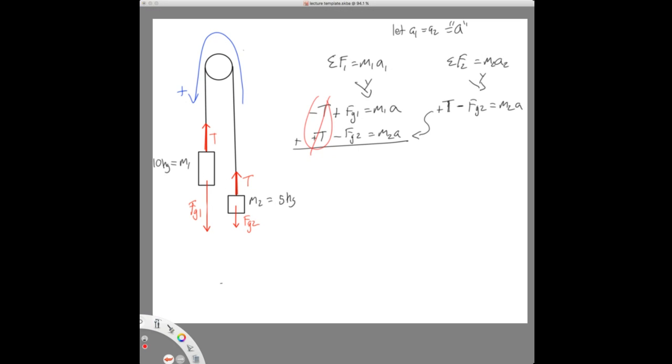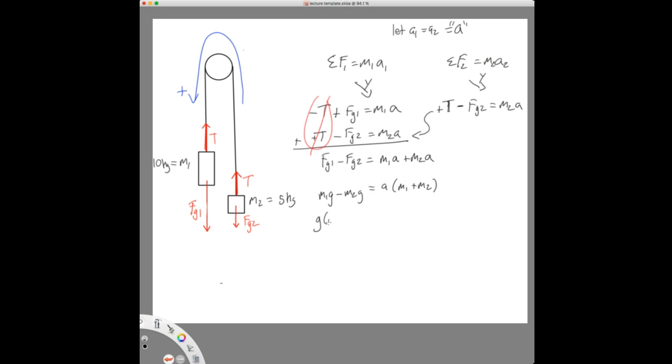So once I add them, I'm going to have force of gravity 1 minus force of gravity 2 on the left-hand side. And on the right-hand side, I have m1a plus m2a. And I can simplify this a little bit by factoring out the a. And on the left-hand side, force of gravity 1 is just m1 times g, and force of gravity 2 is m2 times g.